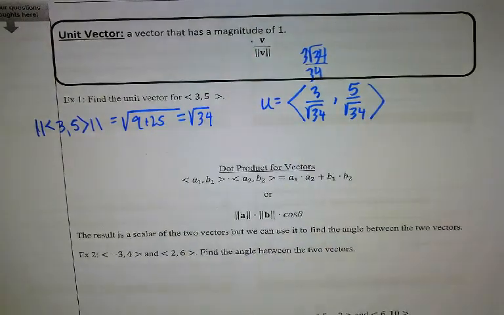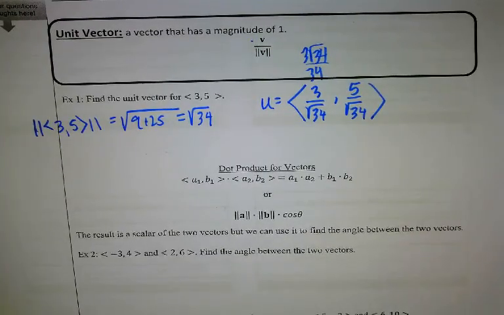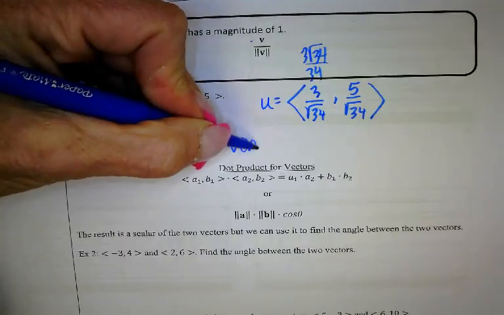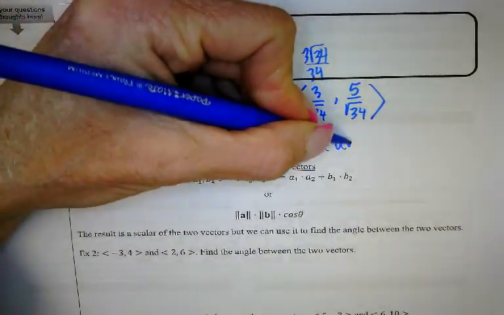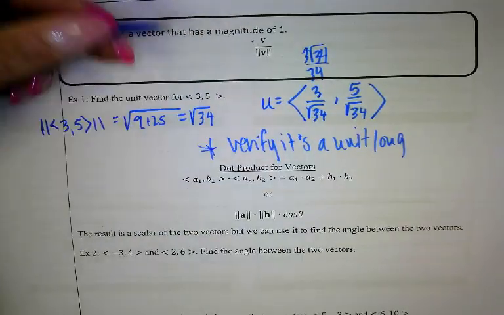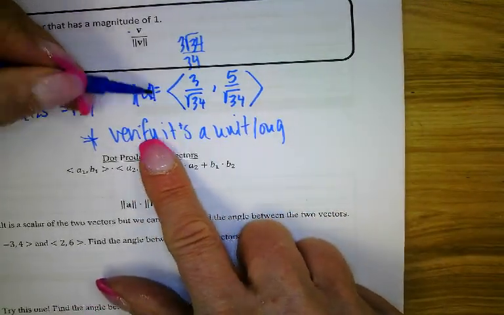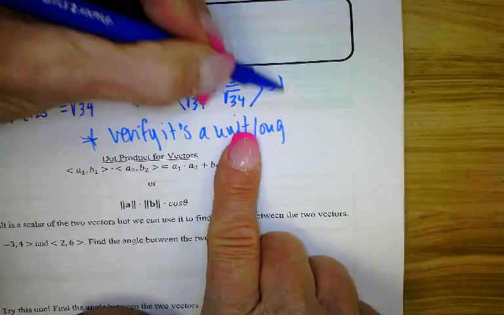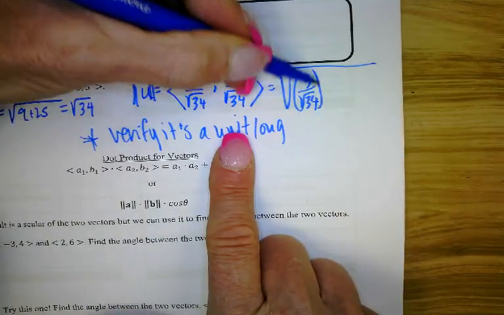Now, verify. Verify it's a unit long. Well, let me find the magnitude of this unit vector that I just wrote. That would be the square root of 3 over radical 34 squared plus 5 over radical 34 squared.